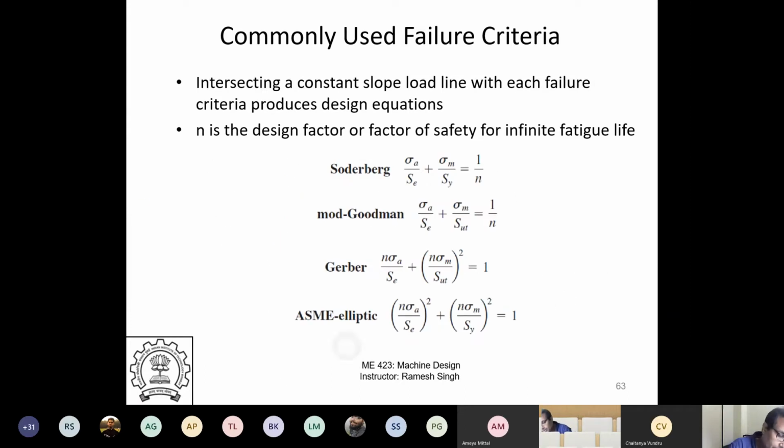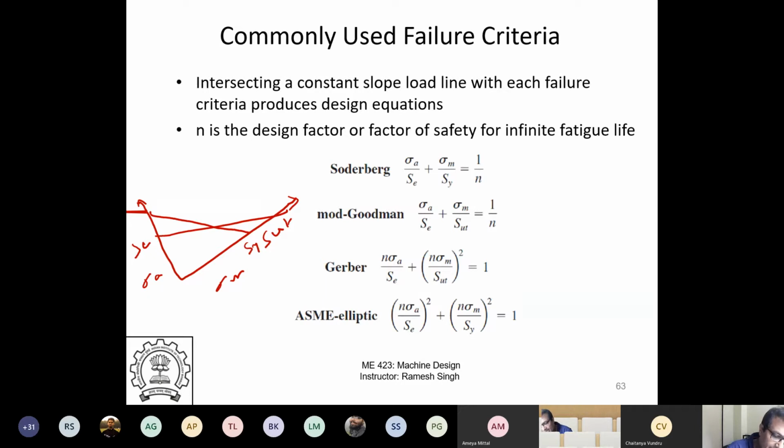So this is say SE, this is SUT, this axis is sigma M, this axis is sigma A, and this is SY, yield stress.